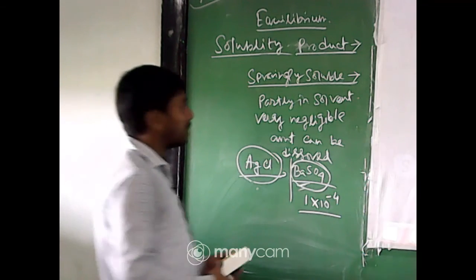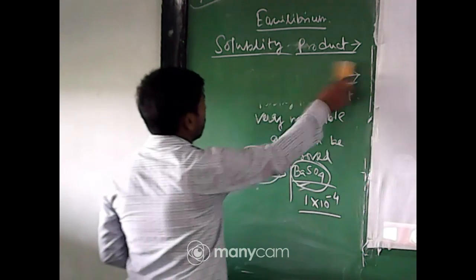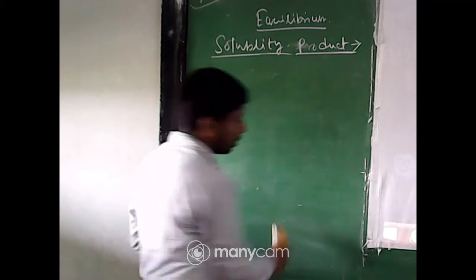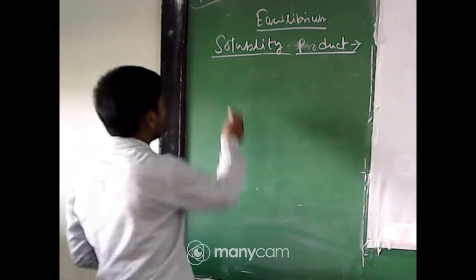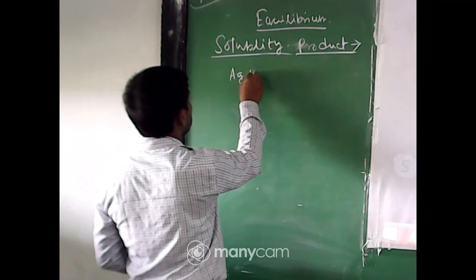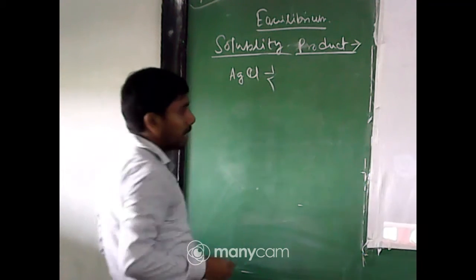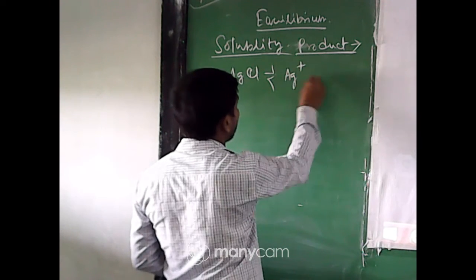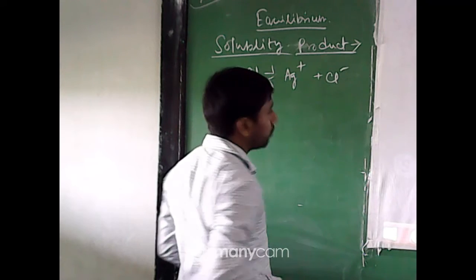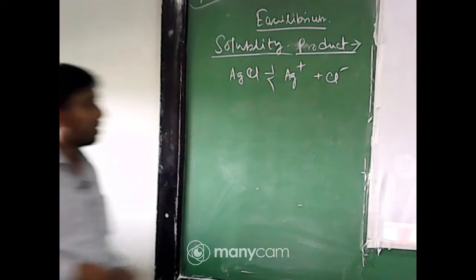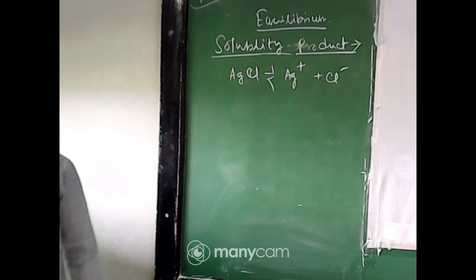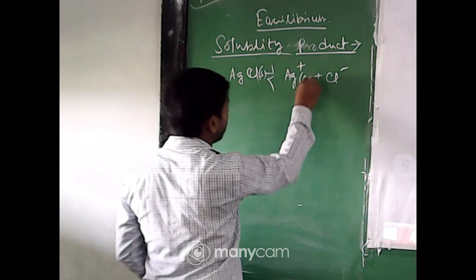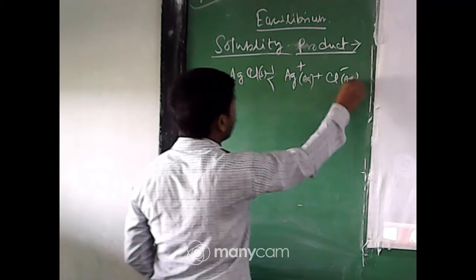So for a sparingly soluble salt, I am writing down one example, AgCl. As it is a sparingly soluble salt, we may write the equilibrium equation as AgCl solid in equilibrium with Ag plus and Cl minus, these being in aqueous form.